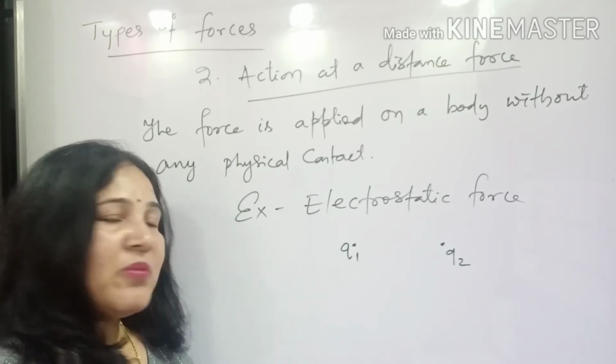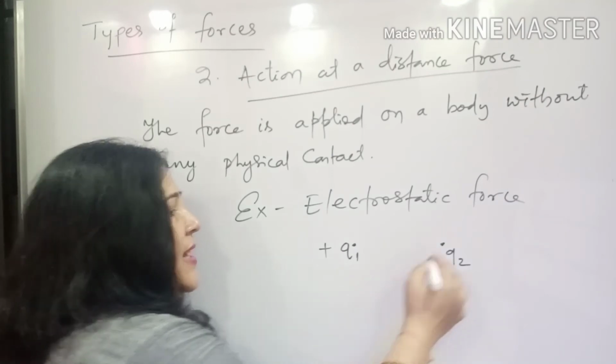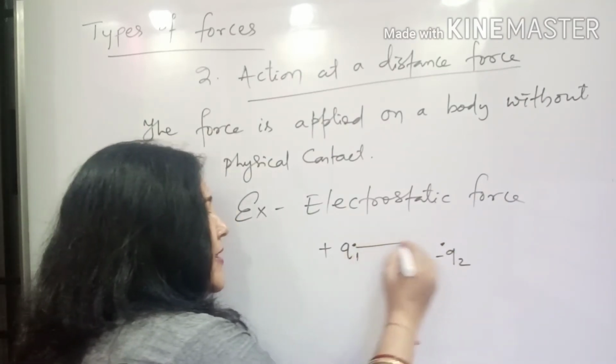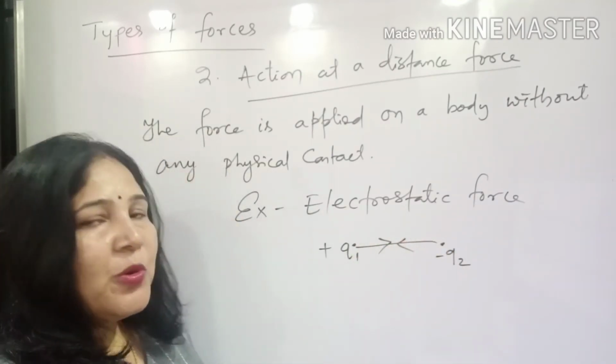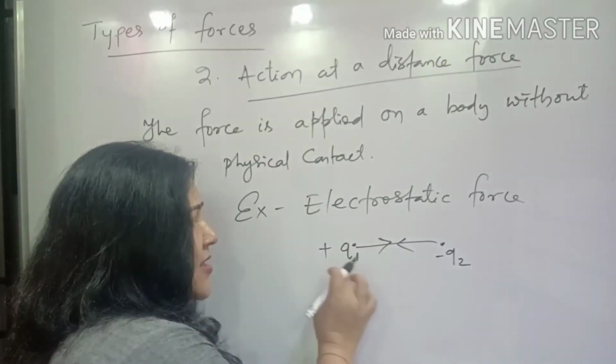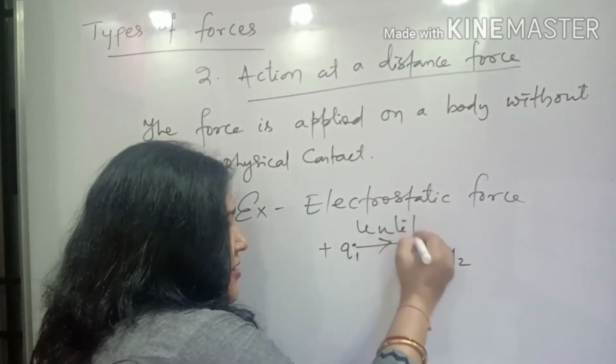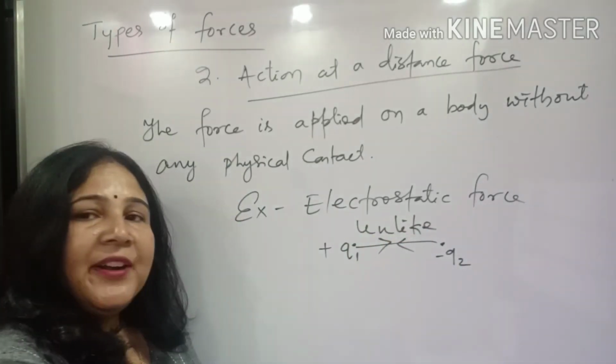The charges may be positive or negative. If I take one positive and one negative charge, there will always be a force of attraction. Both will attract each other. These opposite charges are called unlike charges. So unlike charges attract each other.